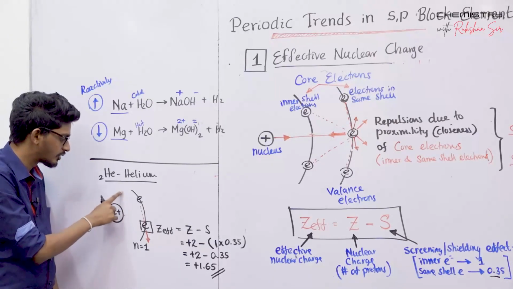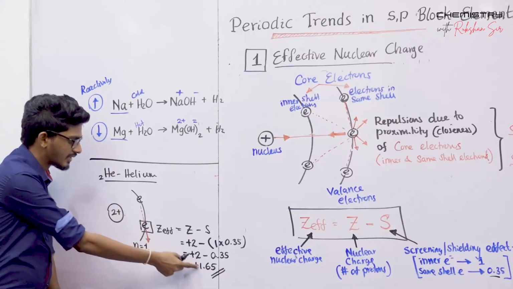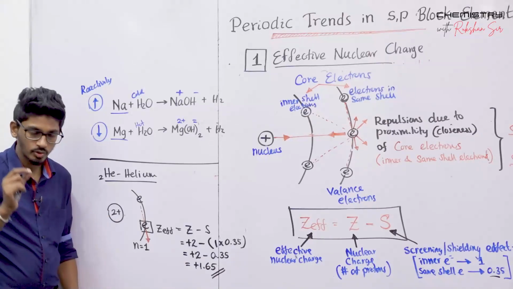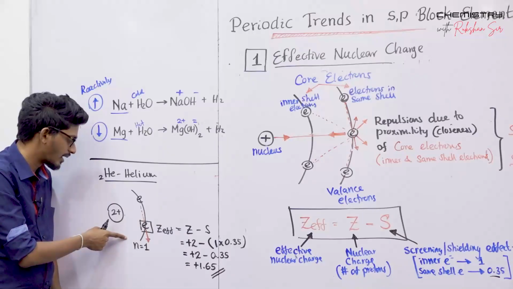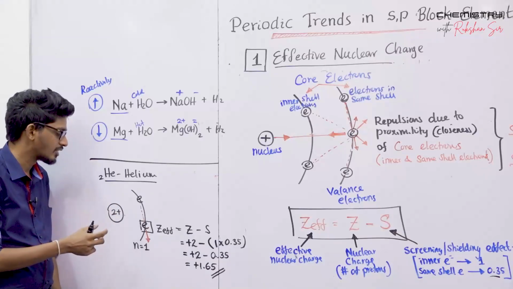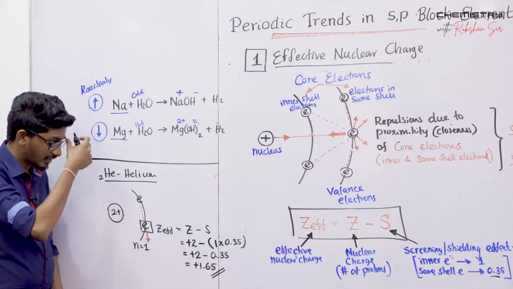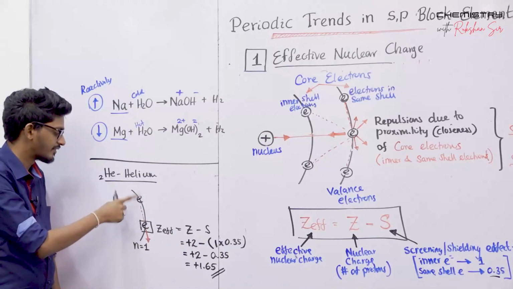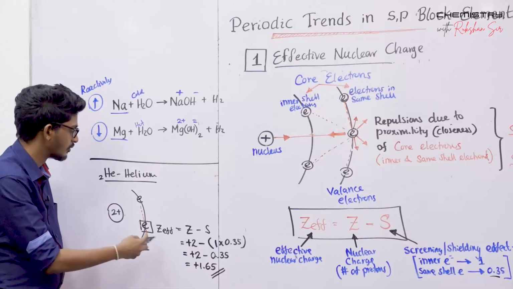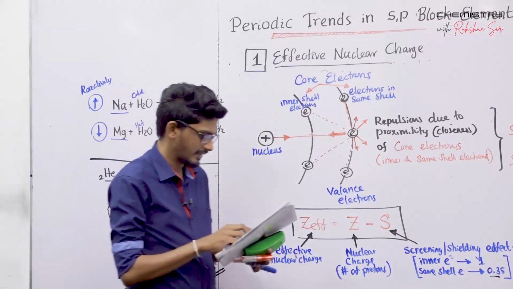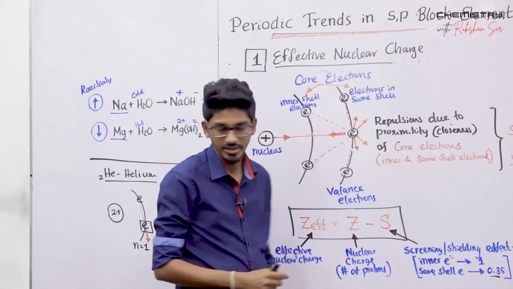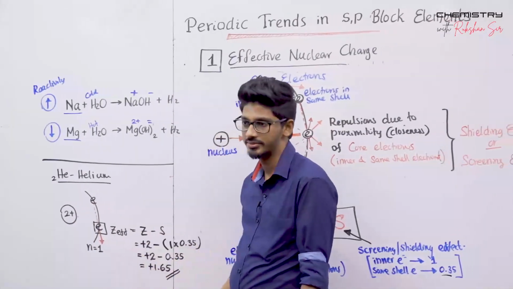Remember that not only the inner shell electrons but also the same shell electrons contribute to the shielding, so your effective charge will be less than the nuclear charge if same shell electrons are present. So that is the situation with helium.